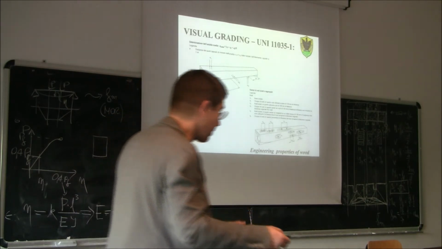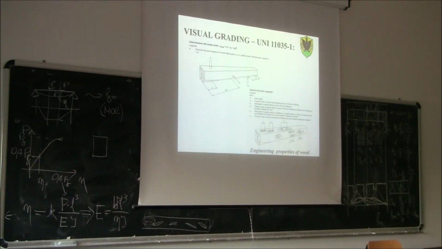Unfortunately I don't have here a piece of wood, some timber, but unfortunately this piece doesn't have any knots here. So we need to measure the knots, the position of the knots, where these knots are located with respect to all the faces of the wood.